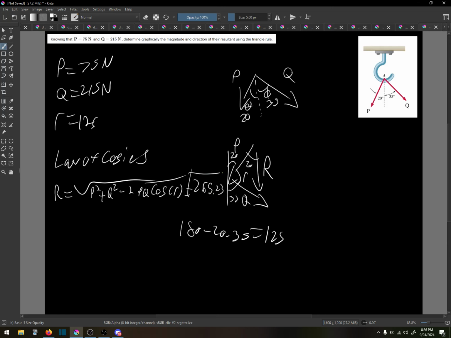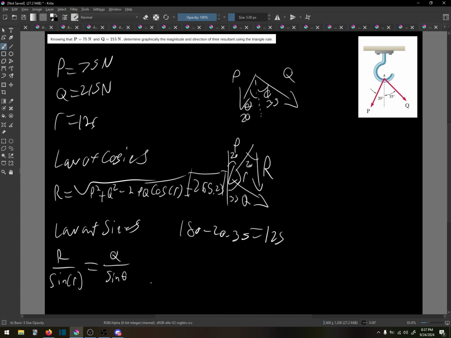So that's big R. Now to find the angle, we use the law of sines, which is big R over sine R equals force 2, which in this case is Q, all over sine theta.